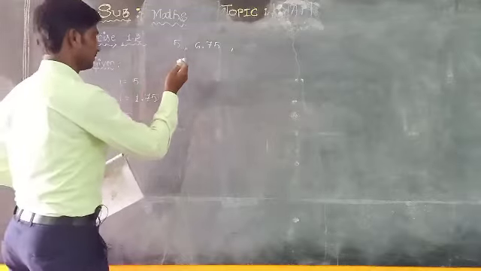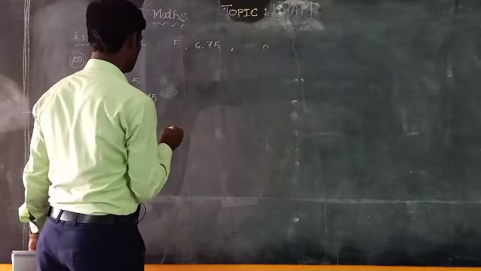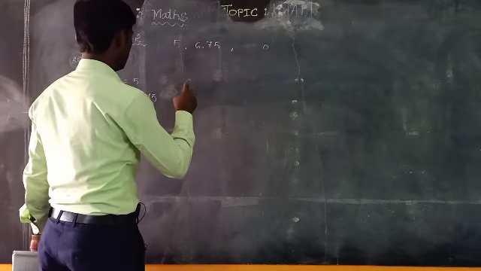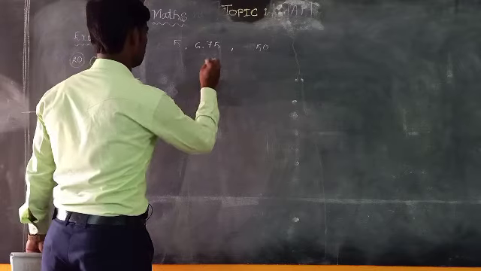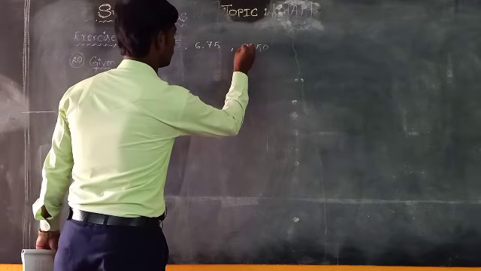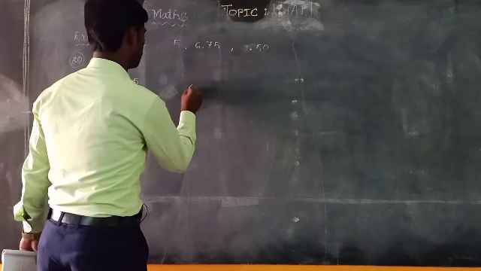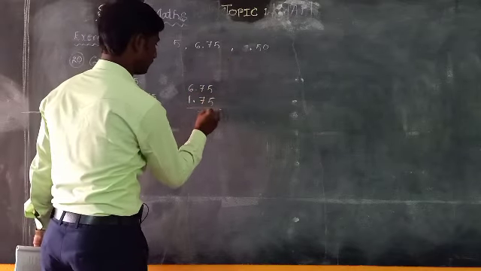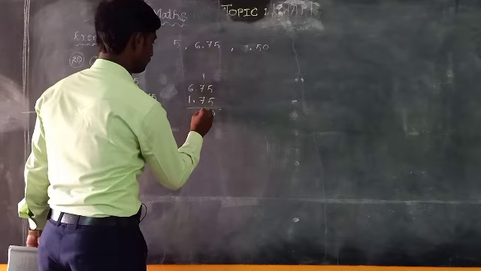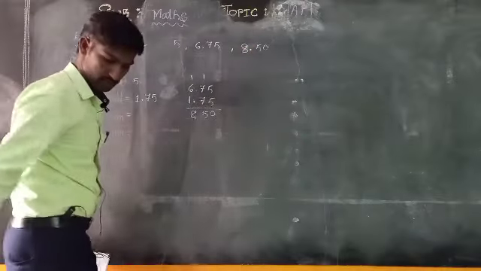How much will you get? 6.75 plus 1.75 is 8.50. Yes, it is 8 rupees 50 paisa.